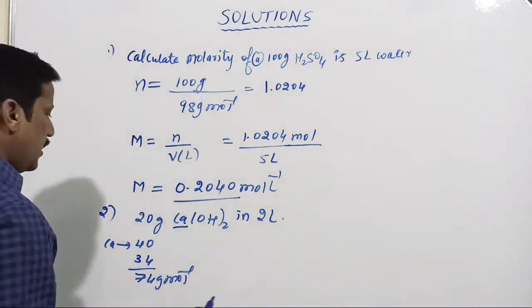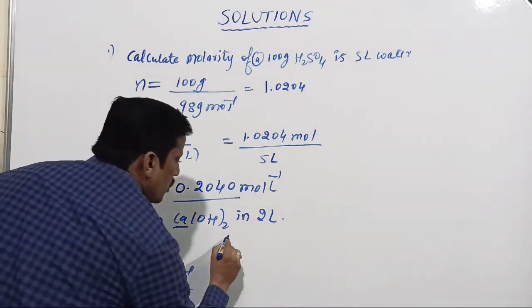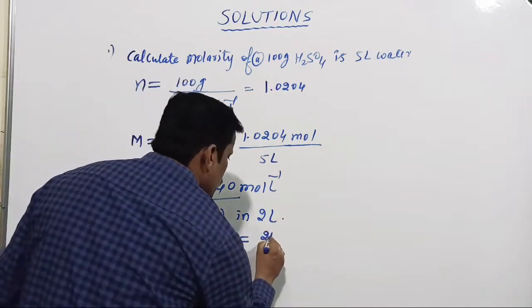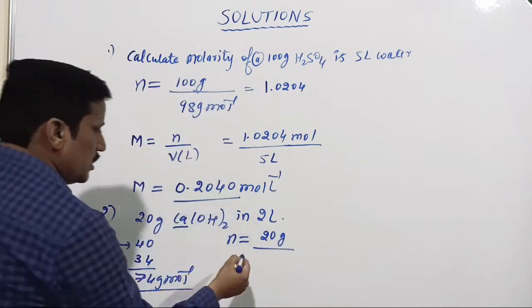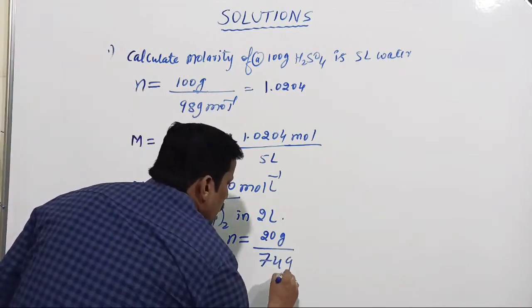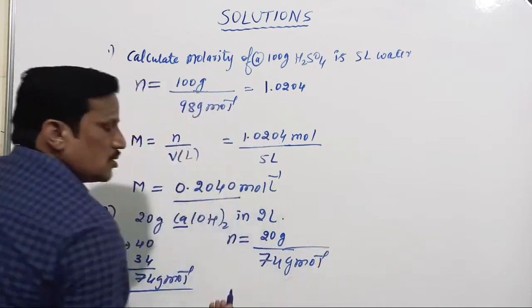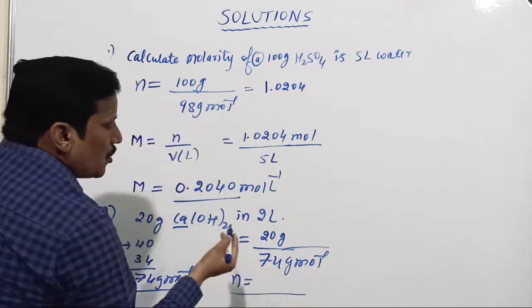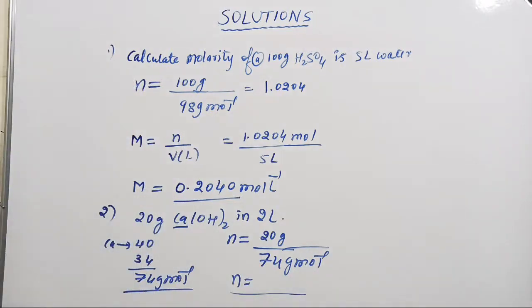Then number of moles. The molecular mass is this. Number of moles is equal to the given mass of calcium hydroxide, 20 gram, divided by the molecular mass, 74 gram per mole.